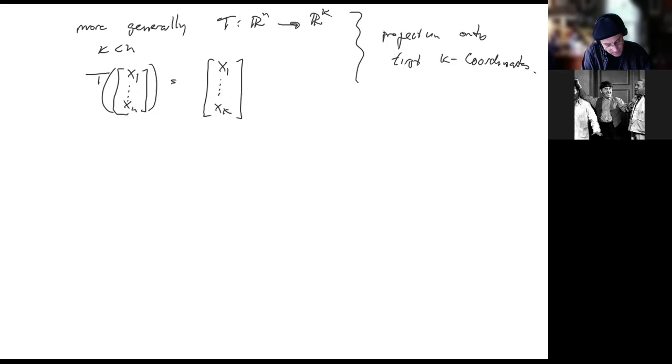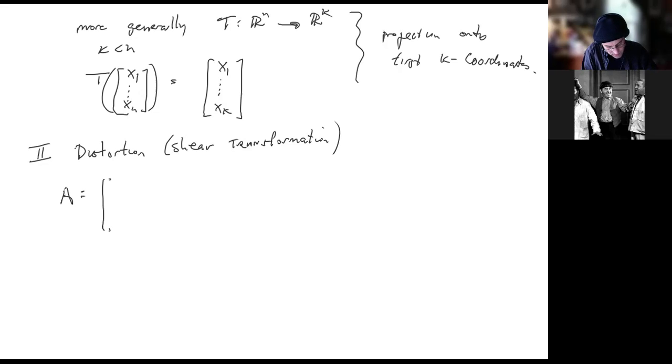So let's talk about a different kind of linear transformation. It's an example of something called a distortion. The book calls it a shear transformation. So what's an example of a shear transformation? Let A be the matrix 1, 2, 0, 1.